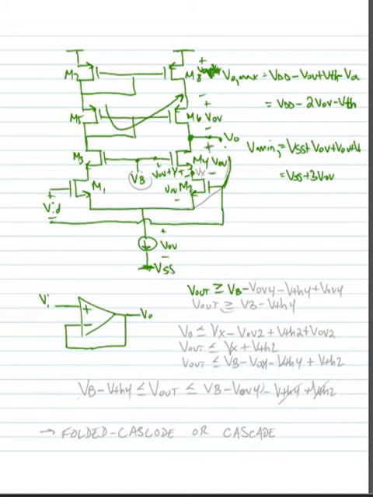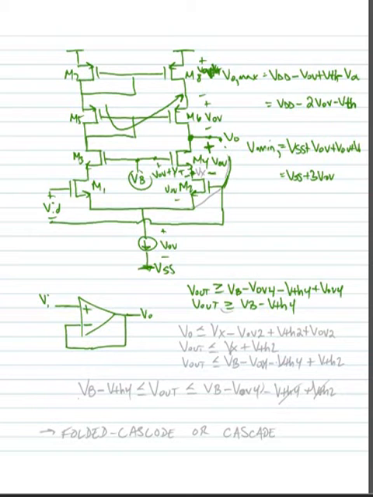So that would be VB minus VOV4 minus a VTH4, and then I have to go up to the output voltage node now, so I have to go up at least one VOV, so that's plus a VOV4. And when I work all this out, V out needs to be greater than VB minus VTH4. So whatever voltage I set here is going to set what my output maximum voltage can be.